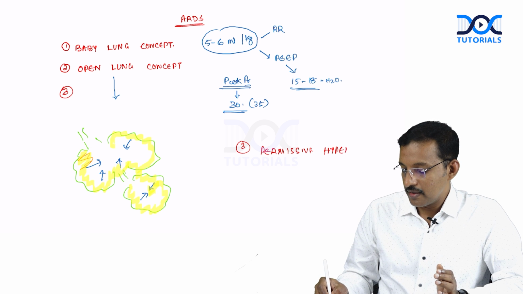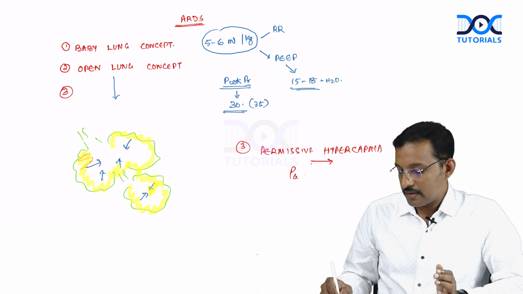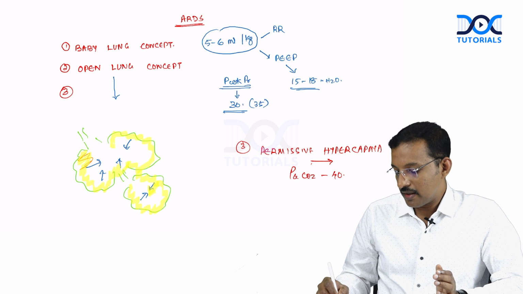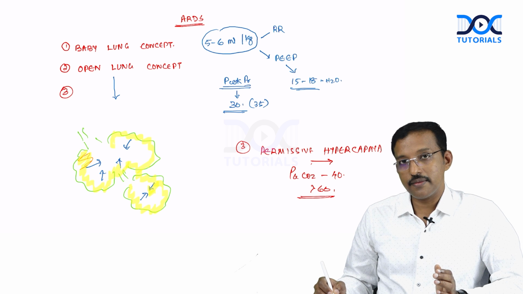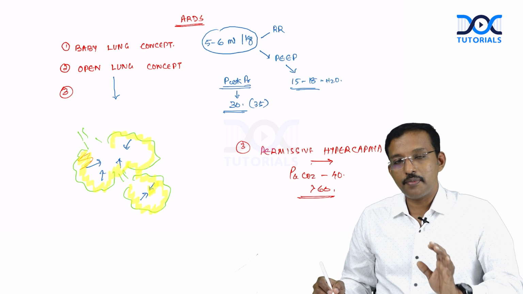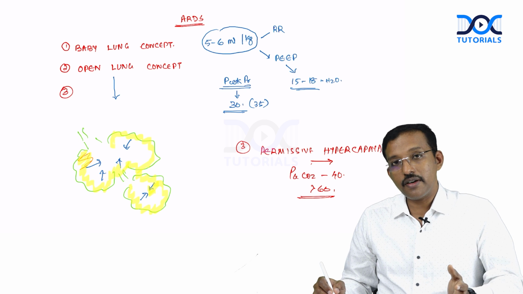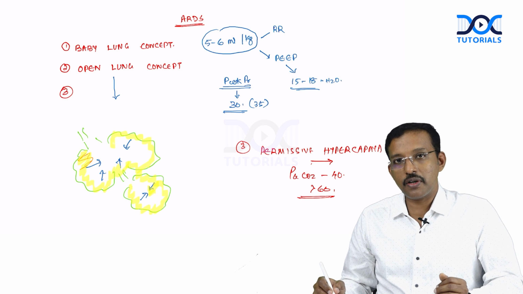The normal PaCO2 is 40, but even if it goes up to 60, you can tolerate it in such patients. This is permissive hypercapnia, which is accepted nowadays.